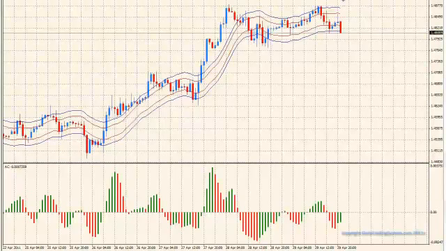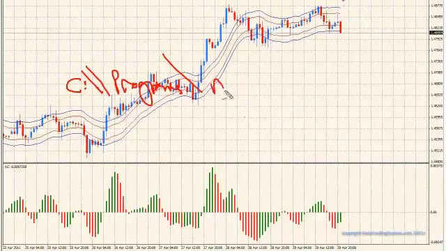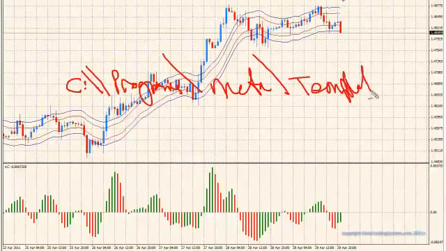Once you've applied the template, and if you don't know how to apply the template to your chart, all you need to do is go to the programs folder on your PC where you installed it, then go to the MetaTrader folder, and inside there you'll see the templates folder.